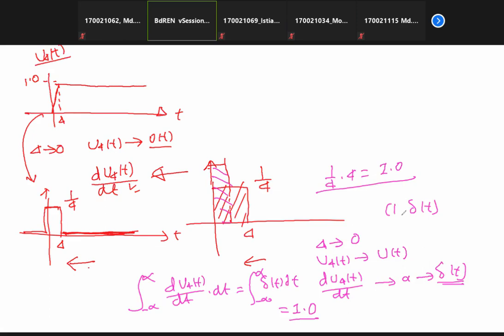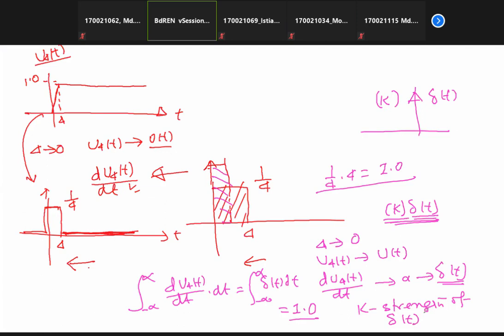That k is not the amplitude of delta t, because delta t itself is a function whose magnitude is infinity. When we multiply it with k, it is the area of your delta, and that's why we do not call it amplitude. Sometimes that k is called the strength of delta t, okay?